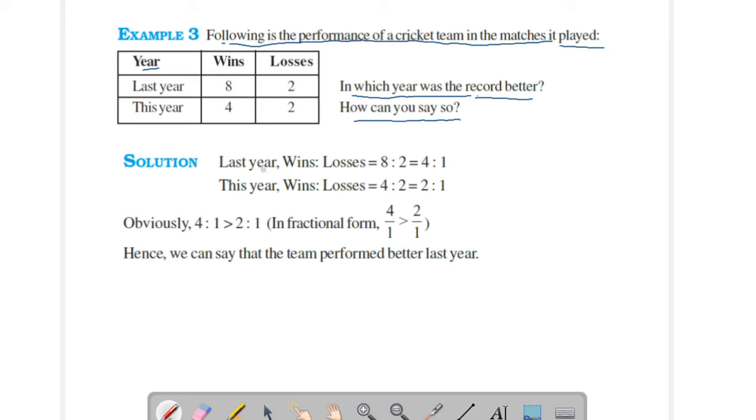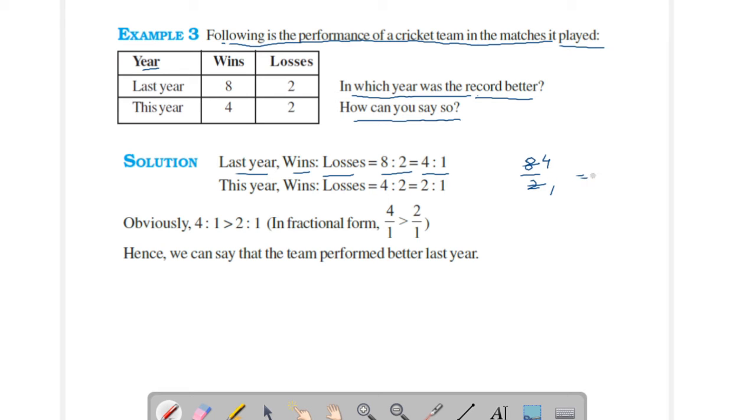Here see the solution. Last year the ratio of wins to losses is 8:2, and if you simplify it, you will get 4:1. 8:2 can be written as 8 upon 2, and if you simplify it, you can cancel both the terms by a single number, that is 2: 2 ones are 2, 2 fours are 8.